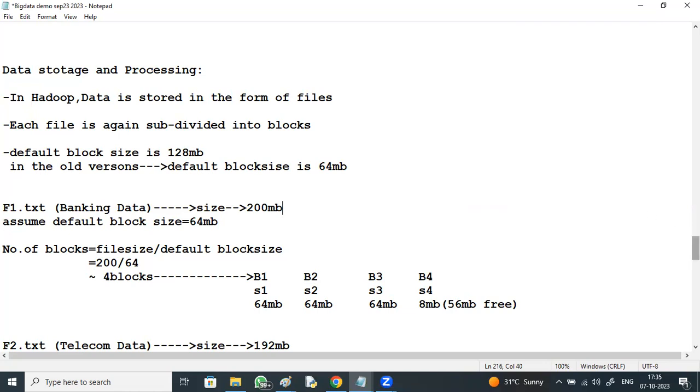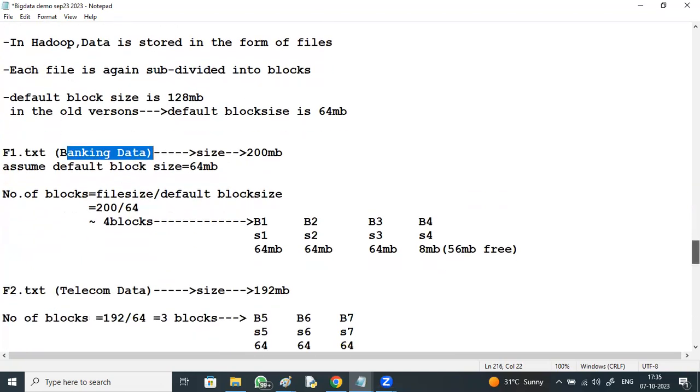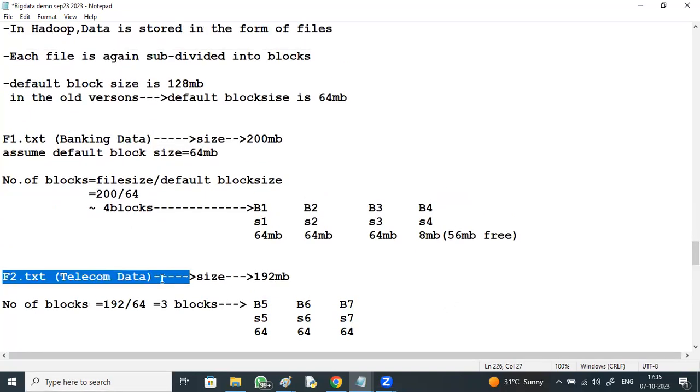Now, file1.txt is banking data. Assume the data stored is banking data. f2.txt, whatever data is stored in file 2, is telecom data. Its size is 192 MB.